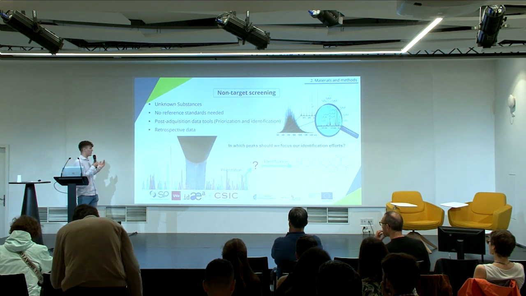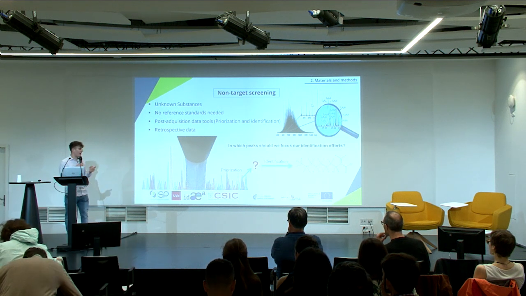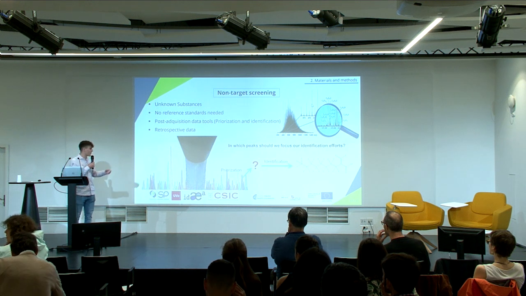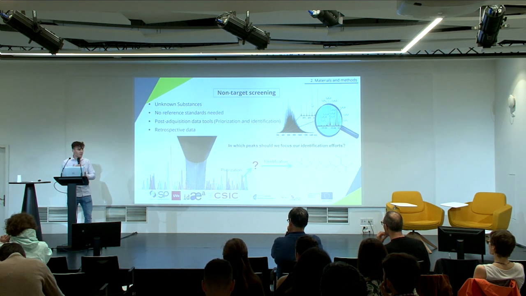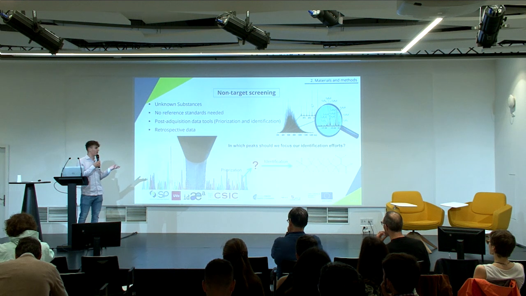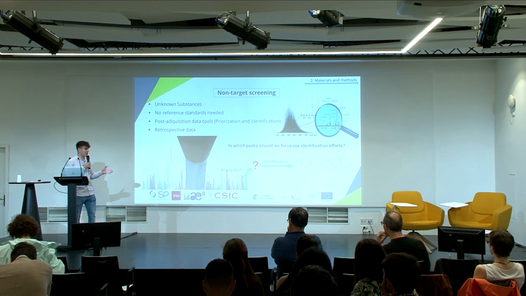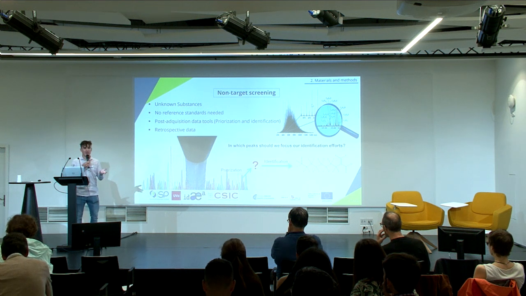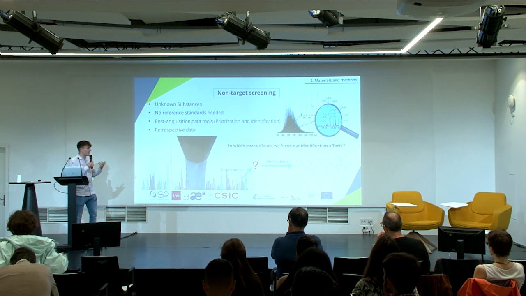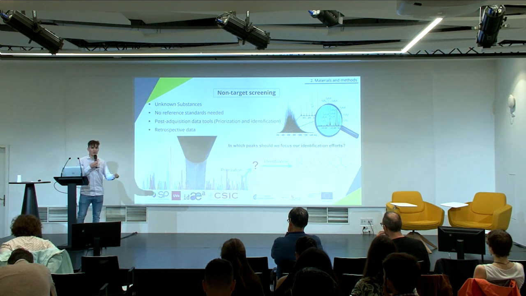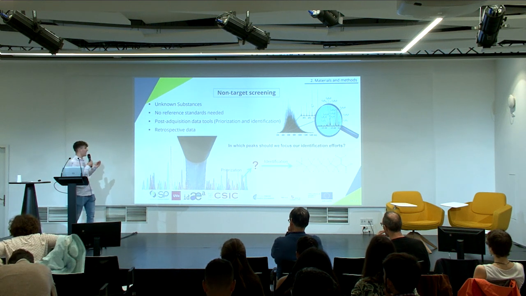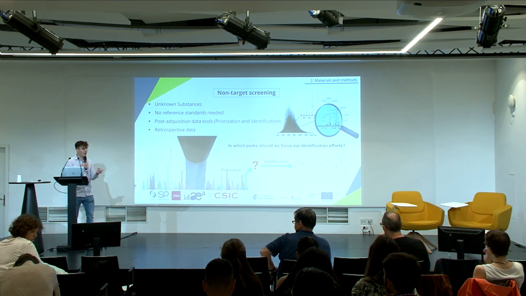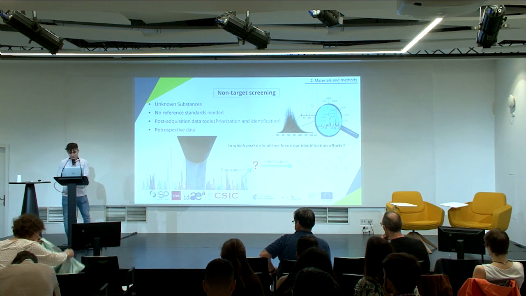We will have probably thousands and hundreds of features, that are like chemicals, but we don't know which chemical is each feature. So we need to spend a lot of time to prioritize which chemicals we really want to analyze, to identify, and go for them. So maybe the tools that we have later are more time consuming.